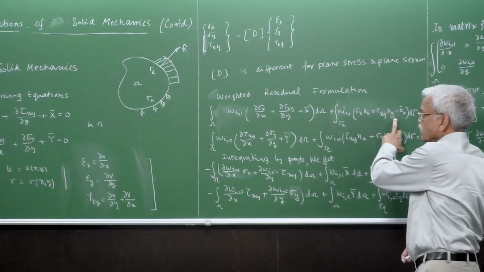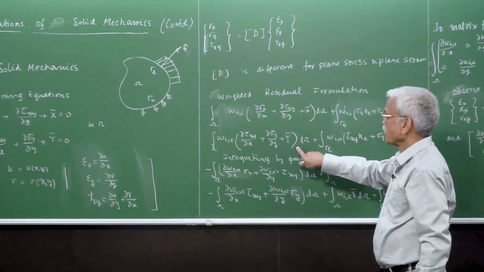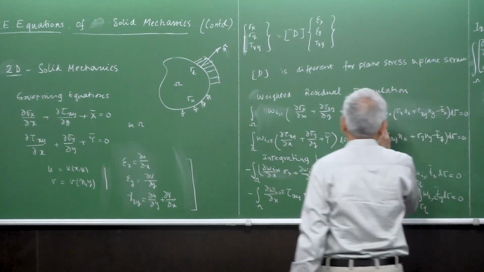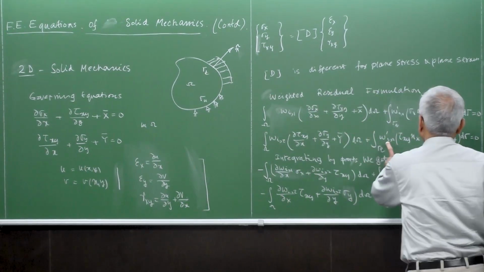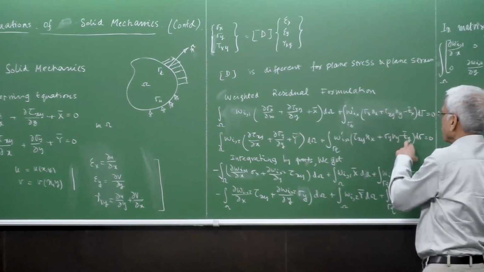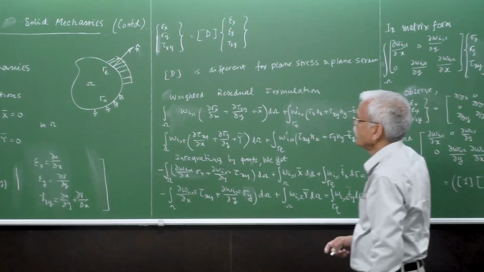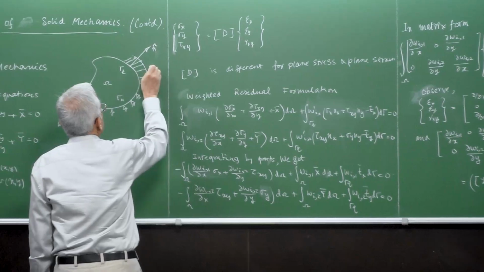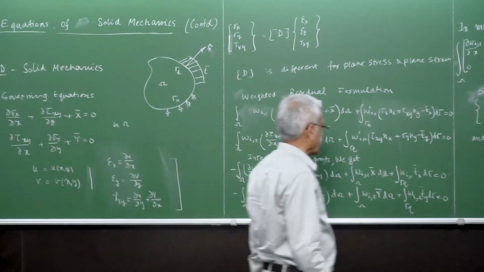Similarly for the second equation, we have another weighting function, and another weighting function for the traction boundary condition, where Tx and Ty are the two components of T, which is prescribed.